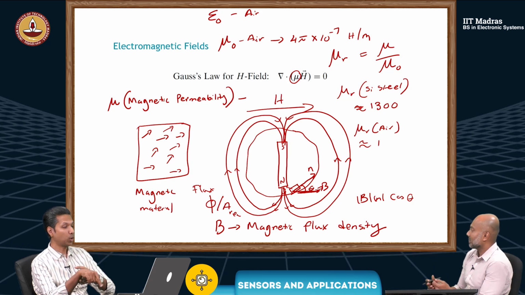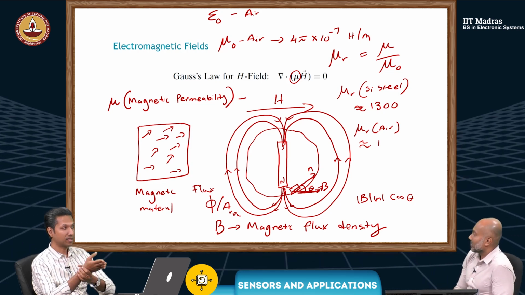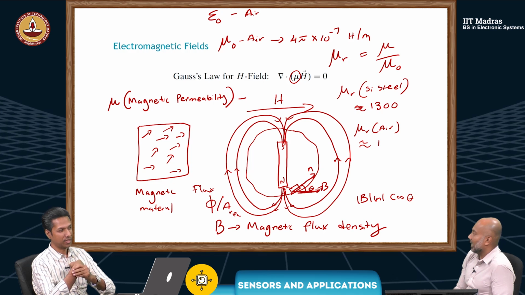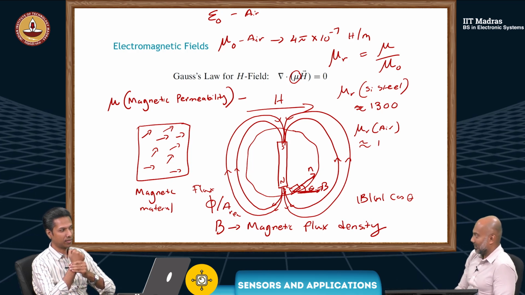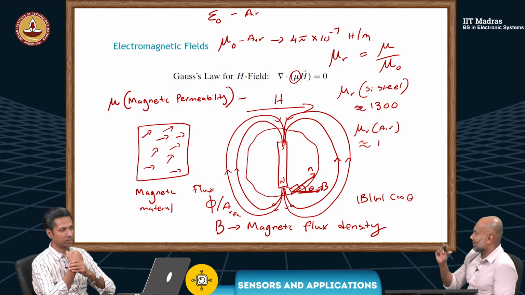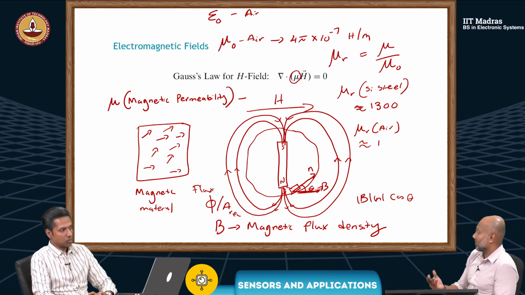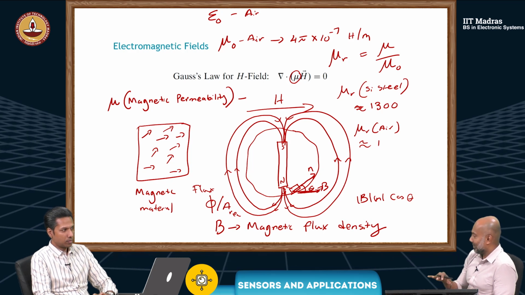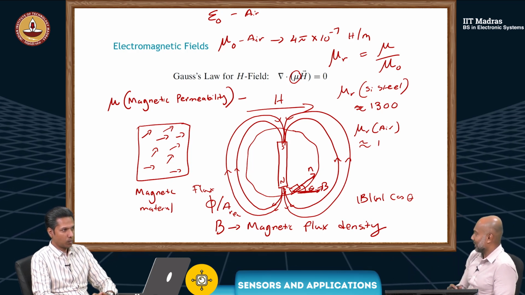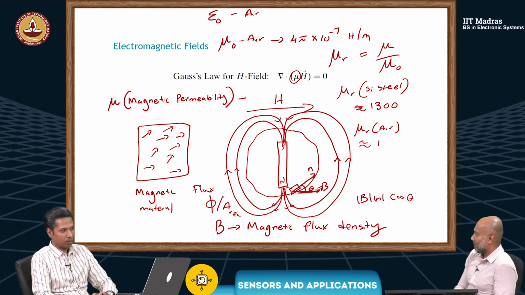Mostly this epsilon R, we were talking about for materials that are insulators. So there could be materials that have both a high permittivity and high magnetic permeability, I guess. Could be.